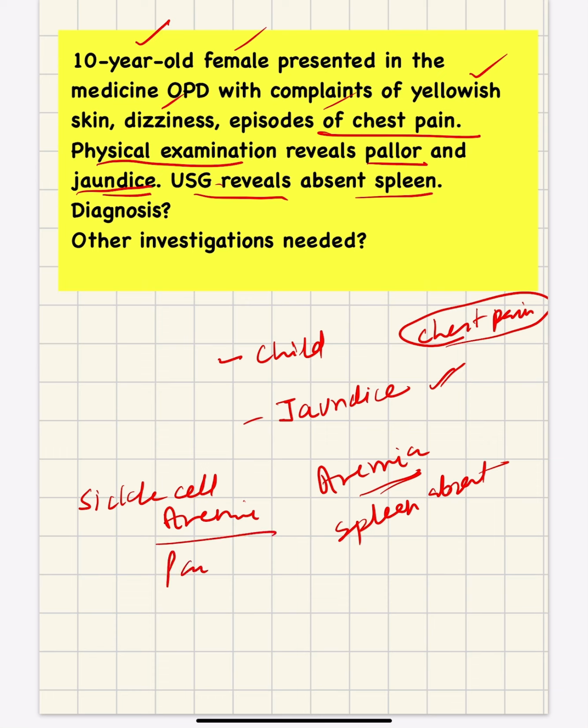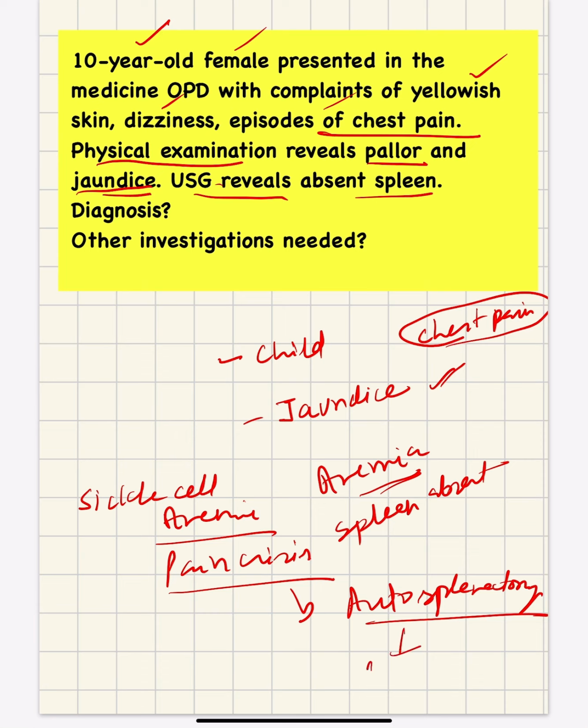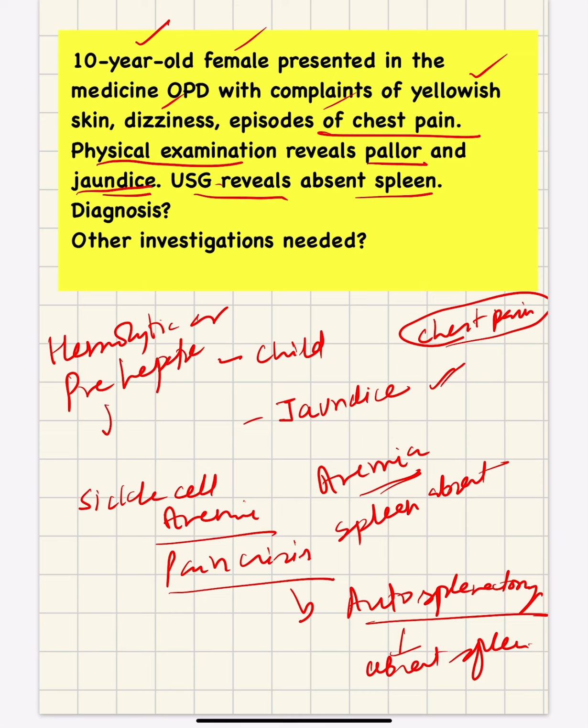So we get the pain crisis, and in that we know there is the phenomenon of autosplenectomy due to infarction. So that is why the spleen is absent. So it is a case of hemolytic or pre-hepatic jaundice, possibly due to sickle cell anemia.